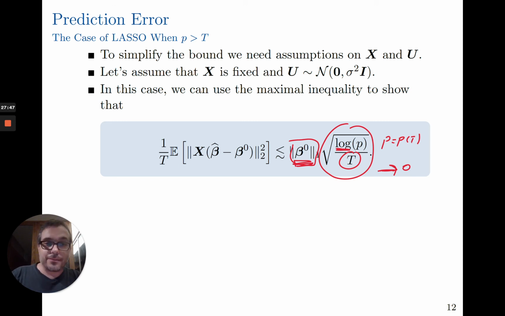Of course, this log term here comes from the assumption that u is Gaussian. If you go deeper into the theory, you will see that when we relax this assumption, we have to say something about the moments of u, the expectation of moments.